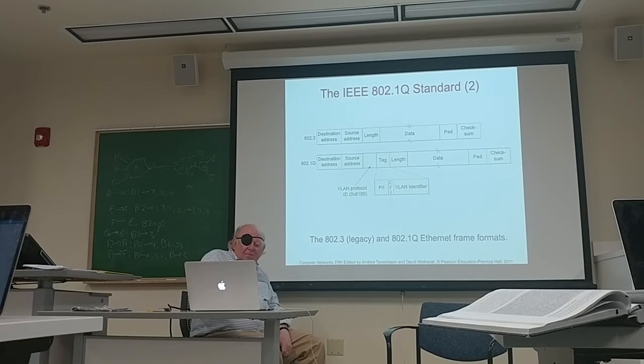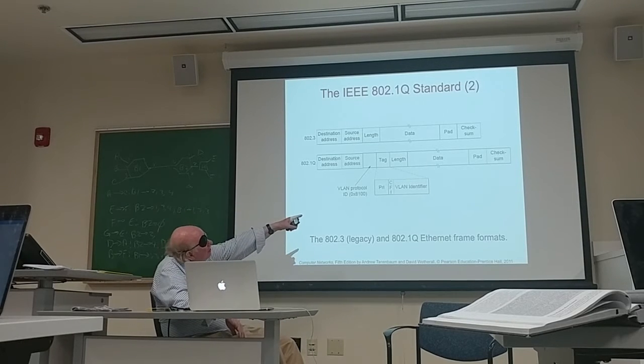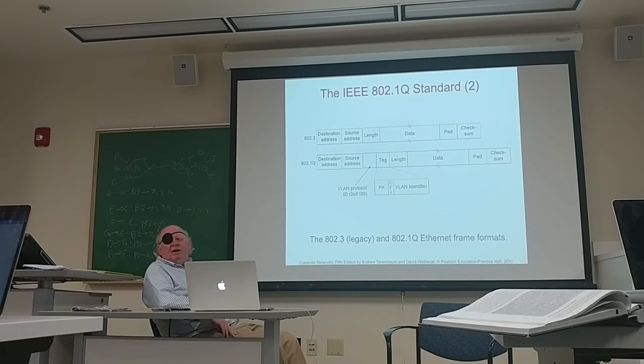The PRI field is priority, and the CFI field, believe it or not, is to designate that it's token ring. Believe it or not, there's still token ring out there. So this identifier can be set to any number between 0 and 4096, and that identifies different VLANs.